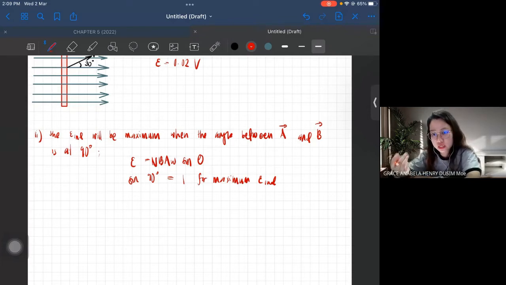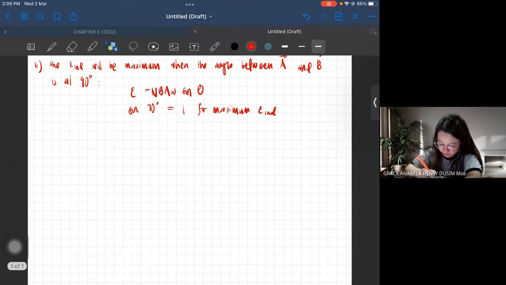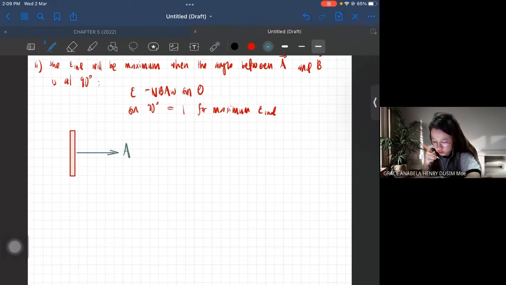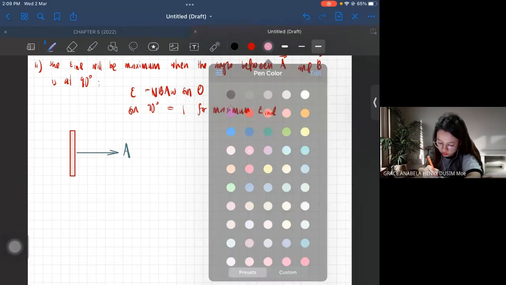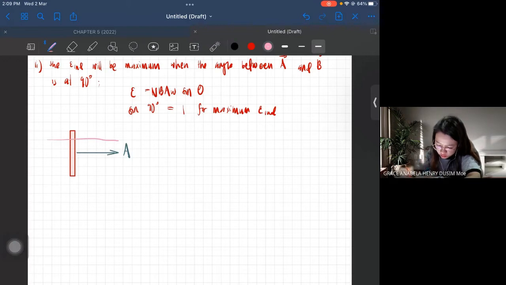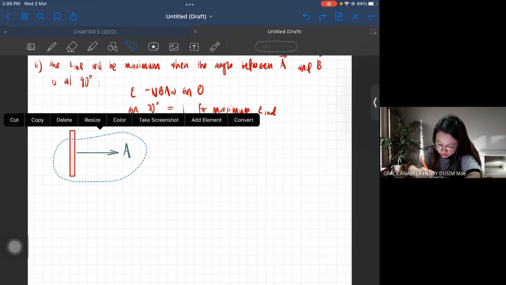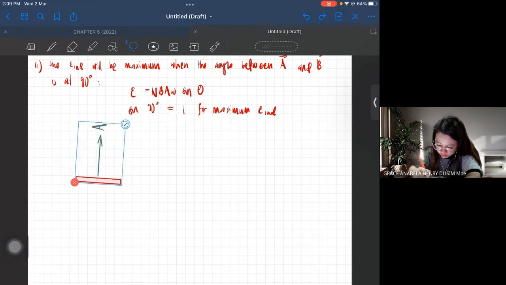So, orientation dia basically dia punya vector A ni. So, this is our area, the normal to the conductor. There should be 90 degree dengan dia punya magnetic field.